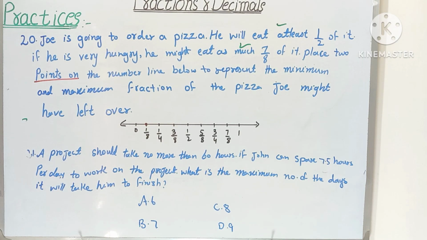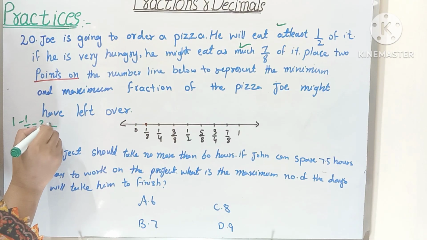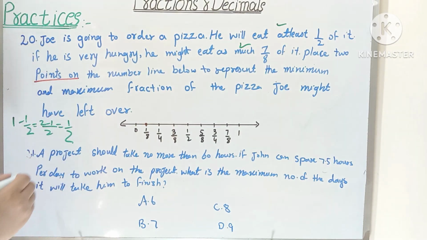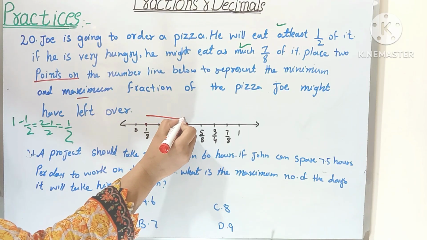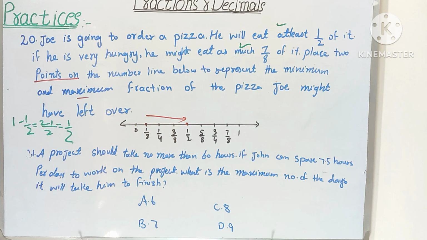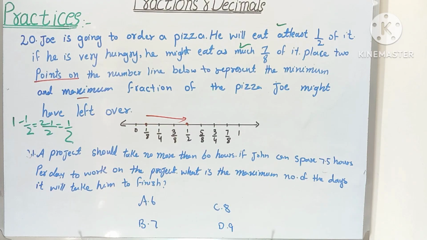Fraction left over is total minus amount eaten: 1 minus 1/2, 2 minus 1, which is 1/2. So the minimum fraction of pizza Joe might have left over is 1/8 and the maximum fraction is 1/2. You would place points at 1/8 and 1/2 on the number line.